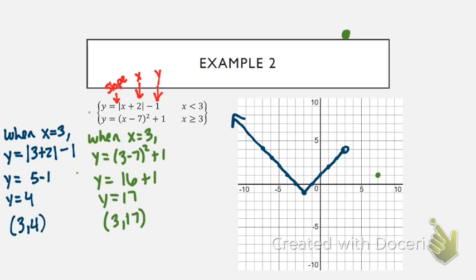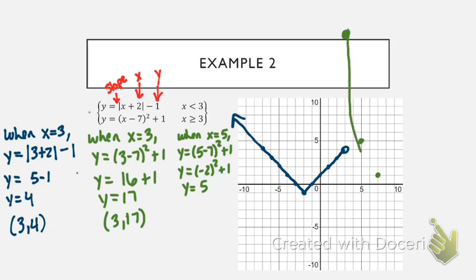So when x equals 5, we have y equals (5 minus 7) squared plus 1. So y equals (-2) squared plus 1. So y equals 5. So the point (5, 5) is on the graph. And that's good enough for me to get this part.